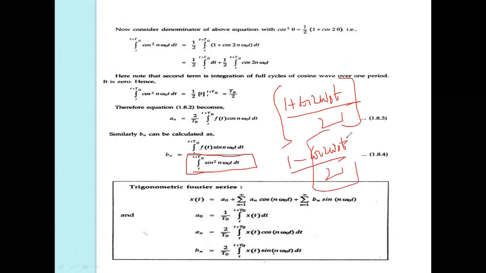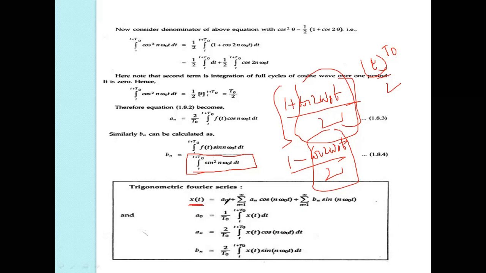So in a full cycle, the cosine integral is always 0, and the integral of the constant with upper limit T naught divided by 2 gives T naught by 2 for both conditions. So Bn is also 2 by T naught of the integral from t to t plus T naught, with the numerator f of t as x of t, times sin n omega naught t.